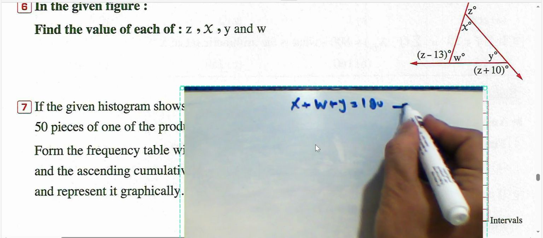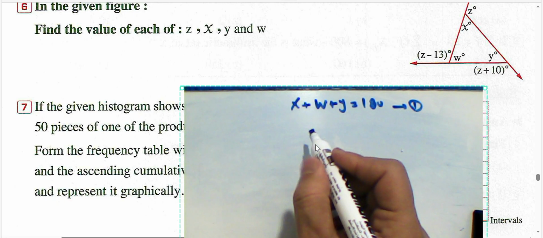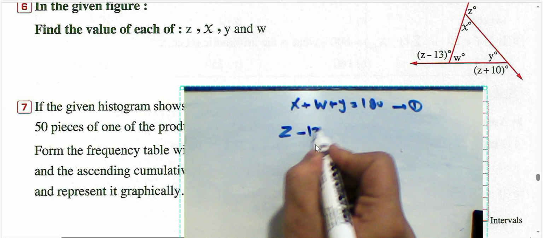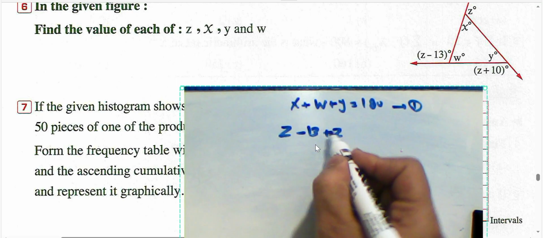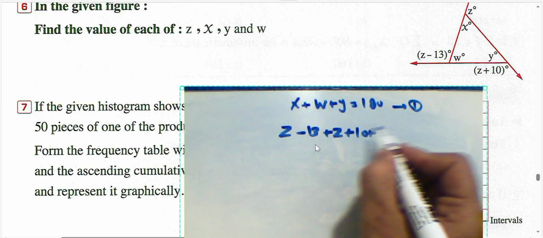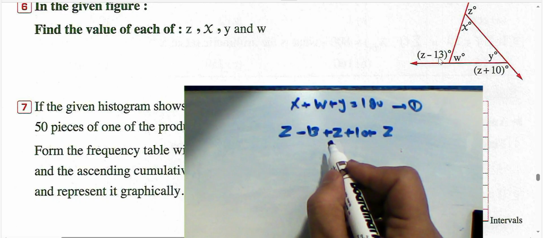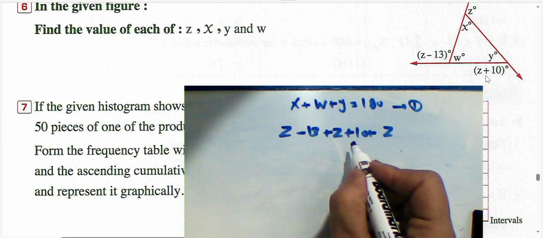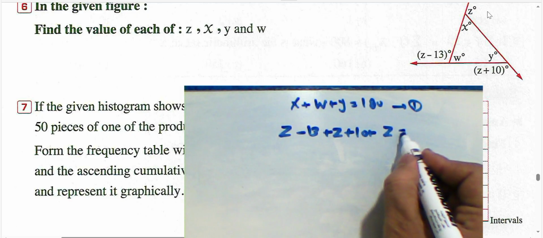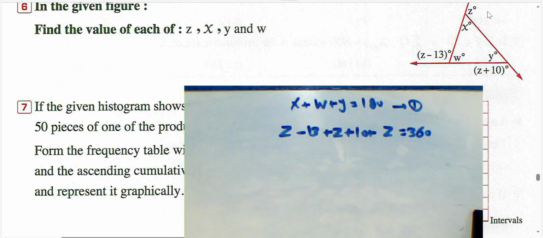It's the first relation, and the sum of exterior angles: z minus 13 plus z plus 10 plus z. Okay, we have z minus 13 here, z plus 10, and z here, summation of them equals 360.